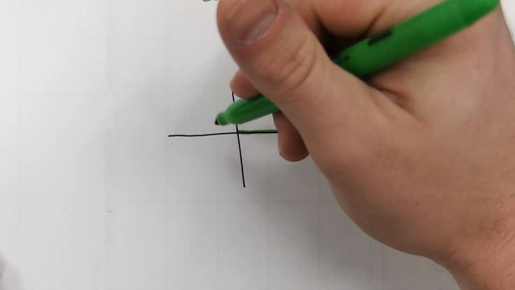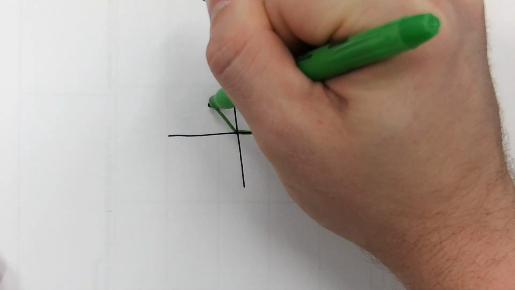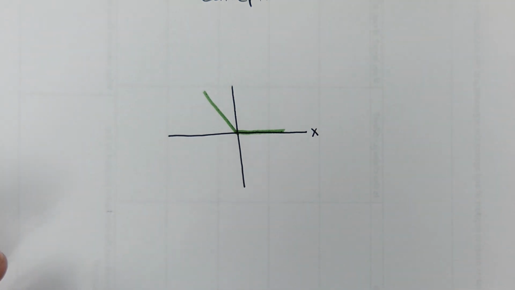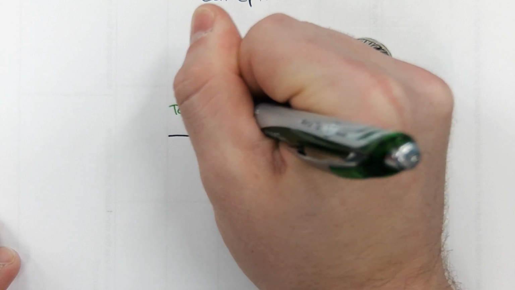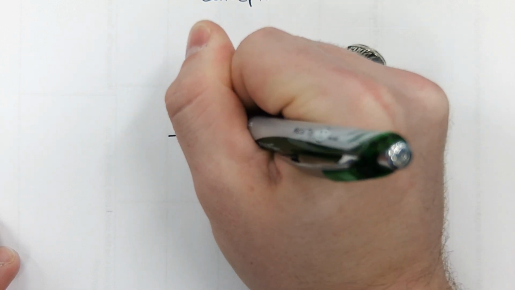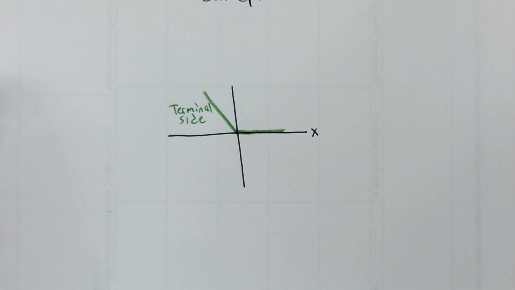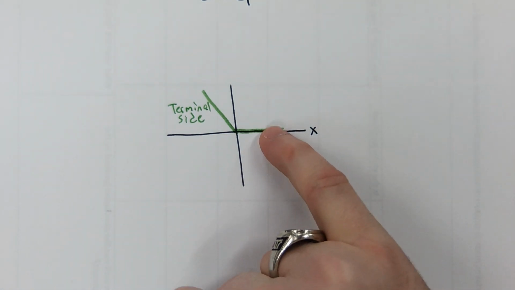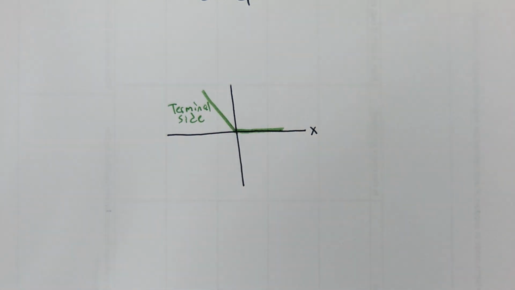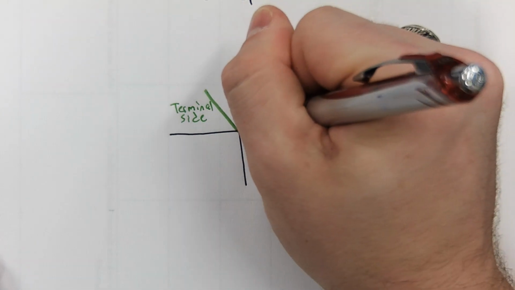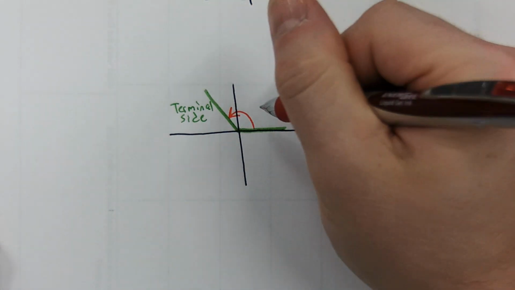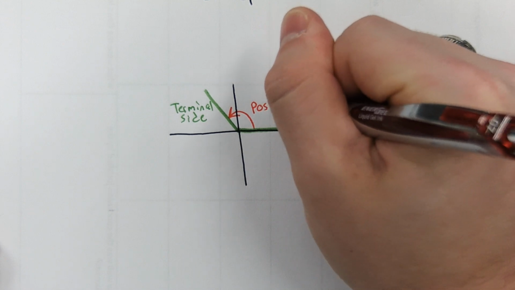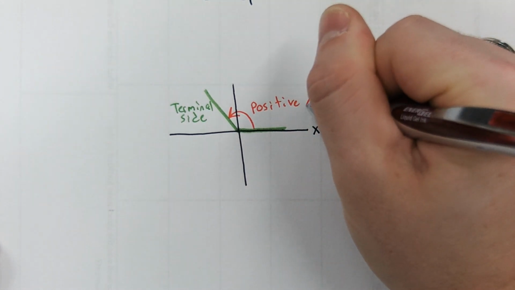For example, I could draw it over here in quadrant 2, and we would call this the terminal side. Terminal means ending. We're literally saying that this angle started here and ended here. But like I said before, angles are supposed to open counterclockwise. So as long as they do open counterclockwise, we could say that this is a positive angle.